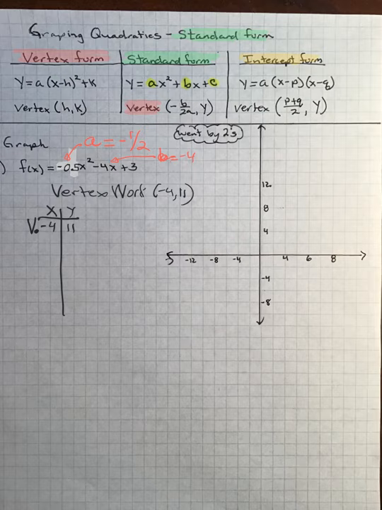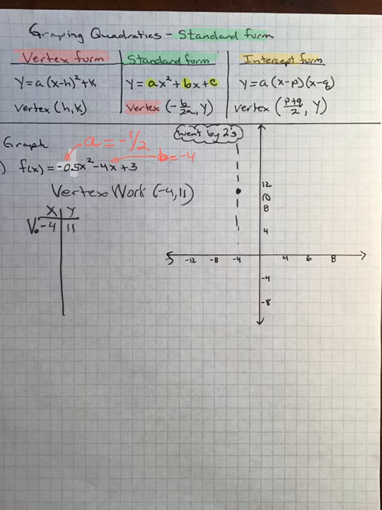Now we can plot it. -4, 11 is my vertex, and notice I went by 2, so this is 2, 4, 6, 8. So -4, 11 is going to be right there, because this is going to be 10. And this is our axis of symmetry.